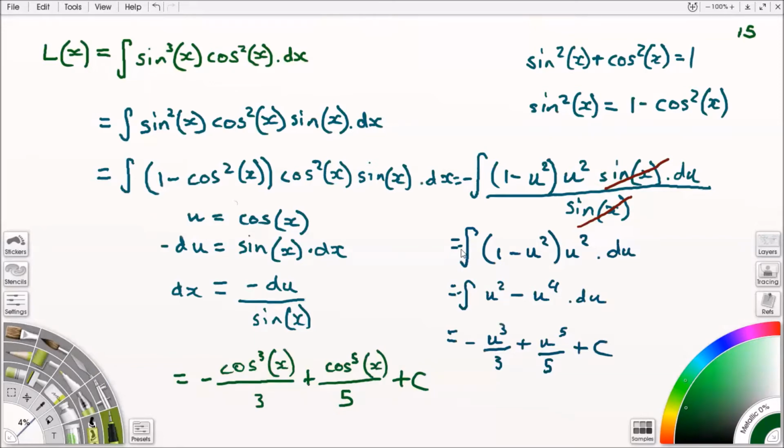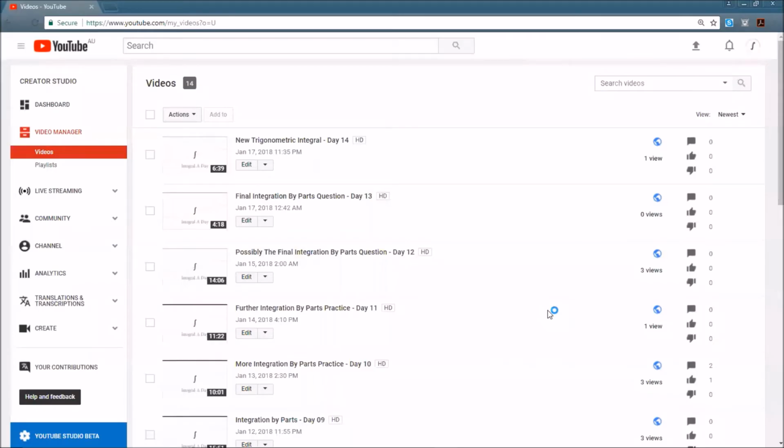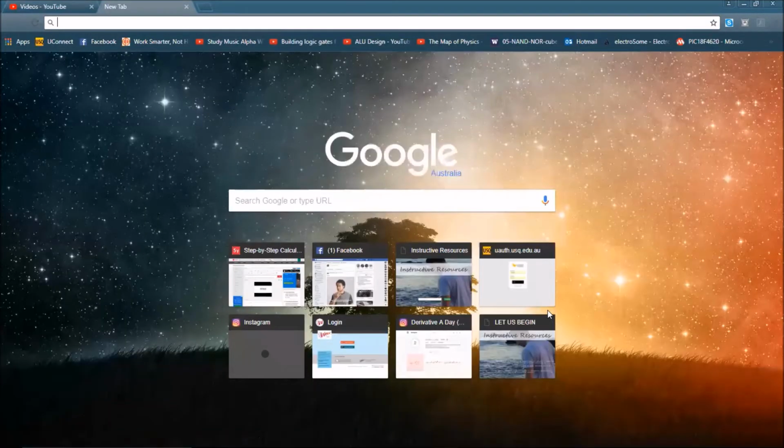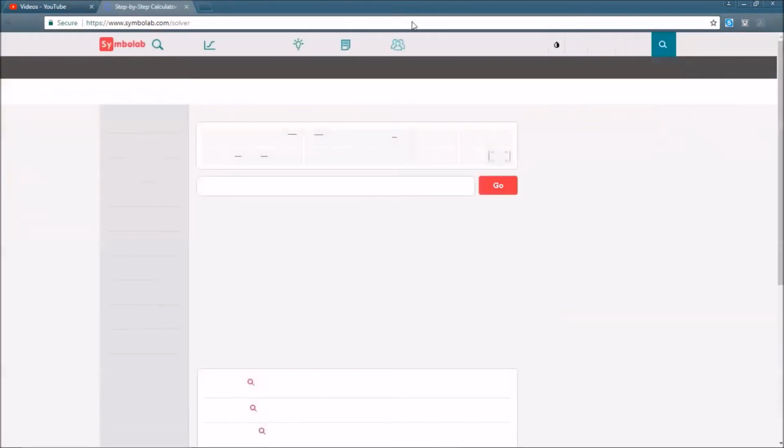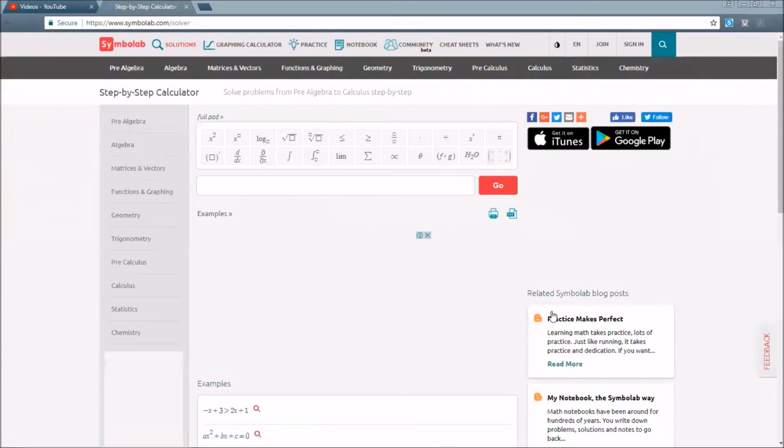Let's just double check it on Symbolab anyways. I got this question here, or I was looking at questions today on a website, and this one was particularly helpful and taught me a bit. So we'll use this one. So we need Symbolab. Am I still sharing the right screen? Yeah, I am.